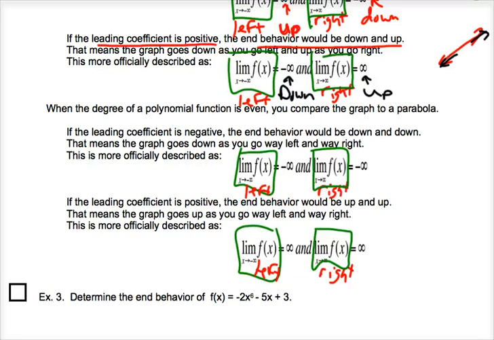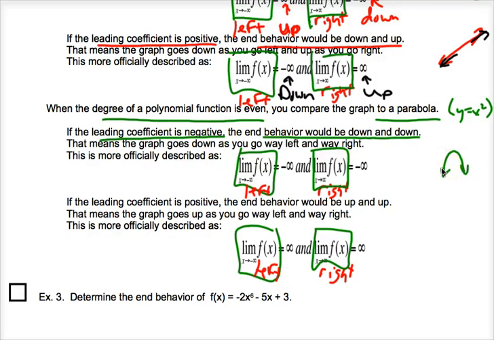The next set I've got is polynomial functions that have an even degree, like x squared, x to the fourth, x to the sixth, x to the eighth. Those are like parabolas, because you get a parabola by doing y equals x squared, which is even. Well, if I have a lead coefficient that's negative, the end behavior is down and down because it's like a parabola that goes down.